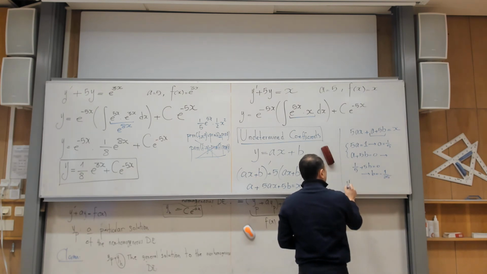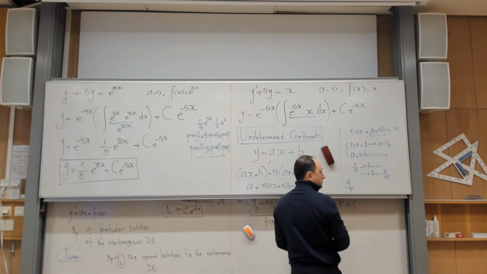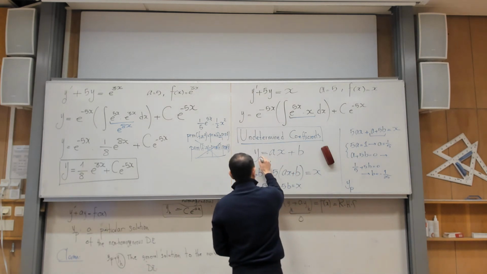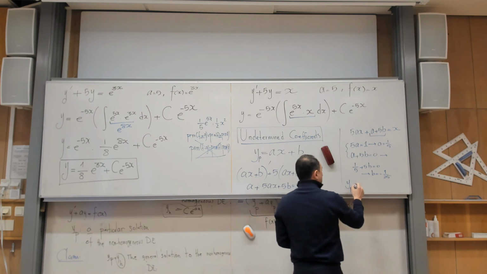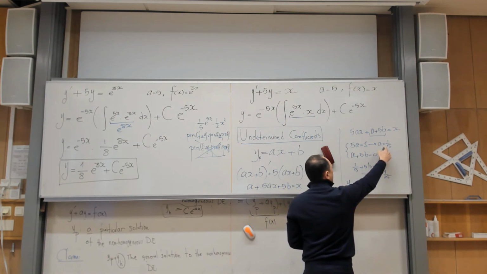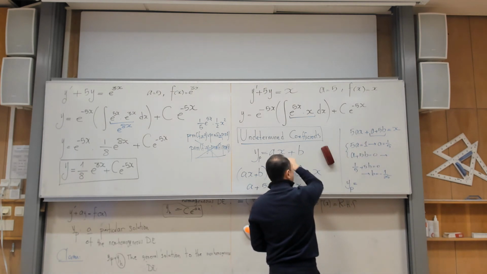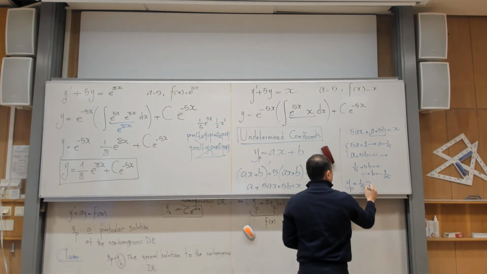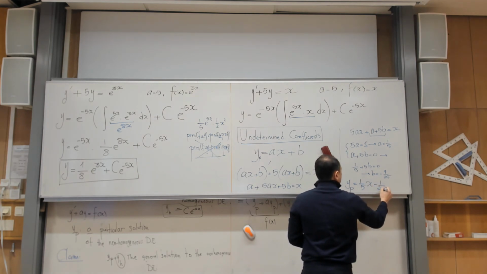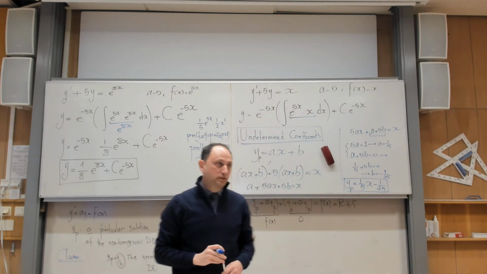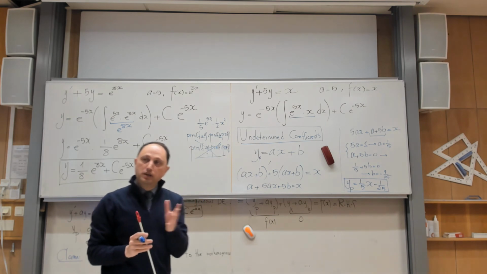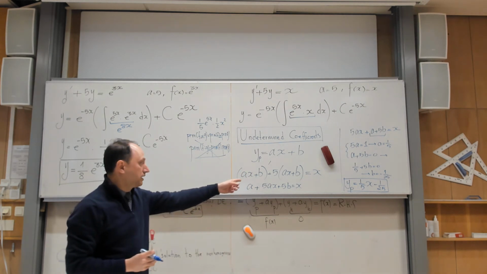And if I ask you what is your particular solution, by the way, it was better to start with y_p to be coherent with what I've written. So then it becomes 1 over 5 times x minus 1 over 25.